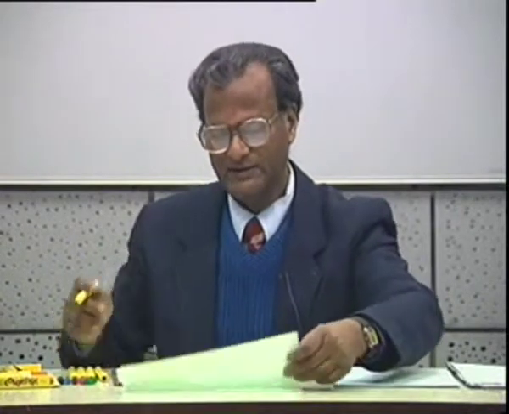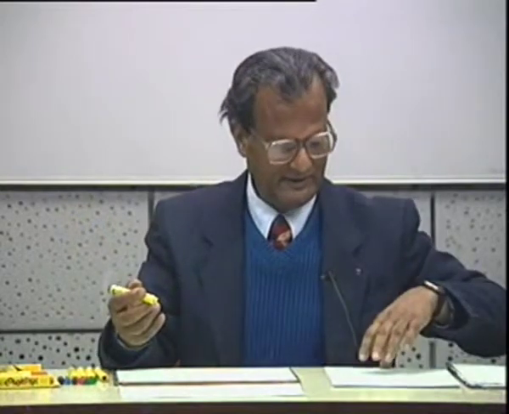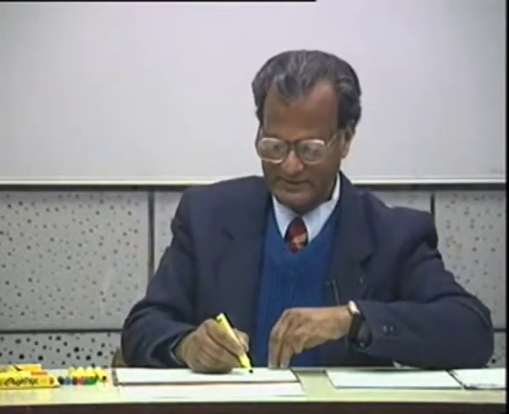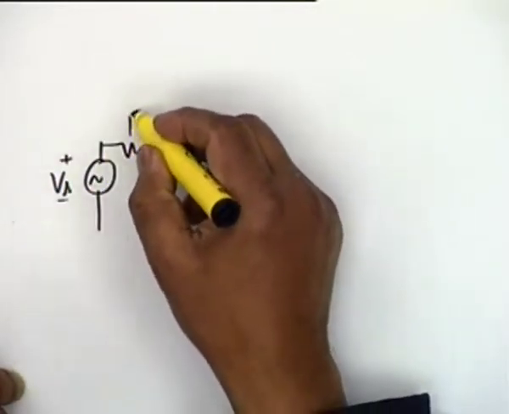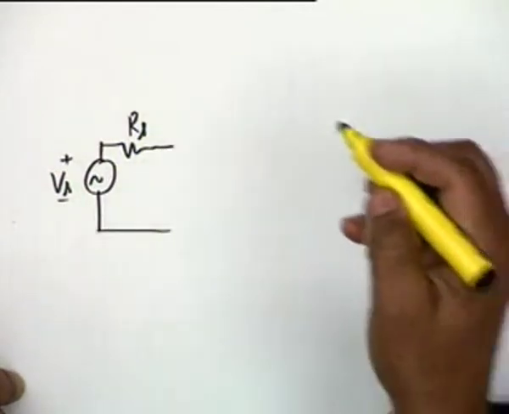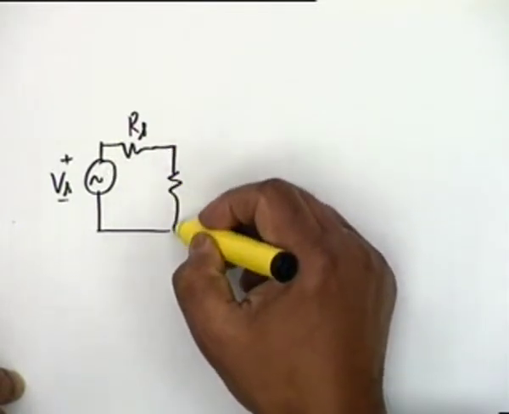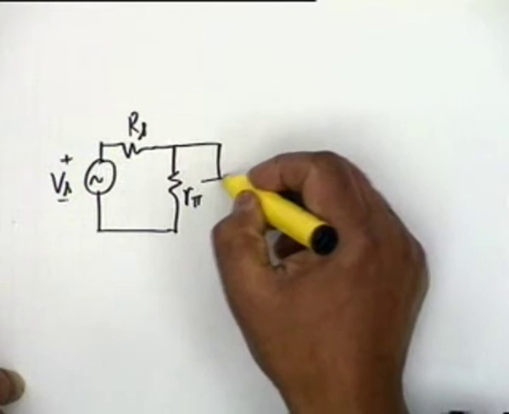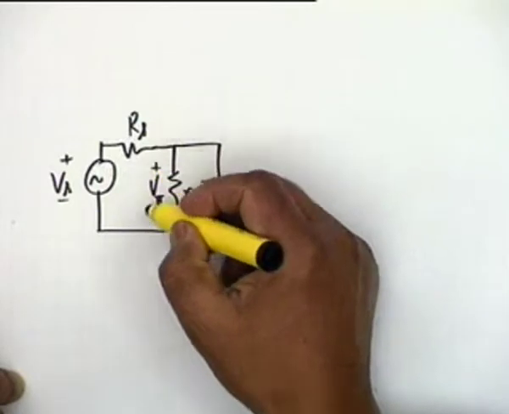17th lecture, and we are going to continue our high frequency response of small signal amplifiers. If you recall, the equivalent circuit of a common emitter amplifier at high frequencies was drawn yesterday like this: Vs, Rs, you ignored Rx, small rx, so you had R pi, C pi, and this voltage is V pi.